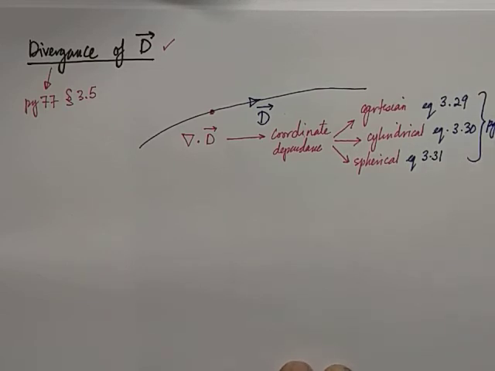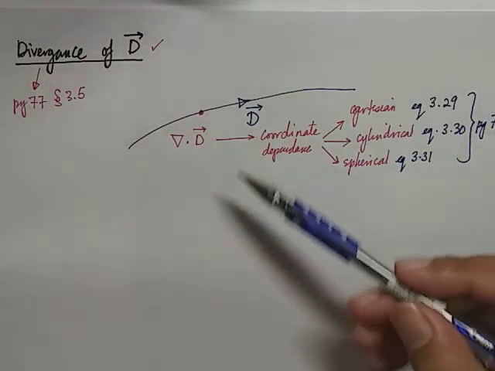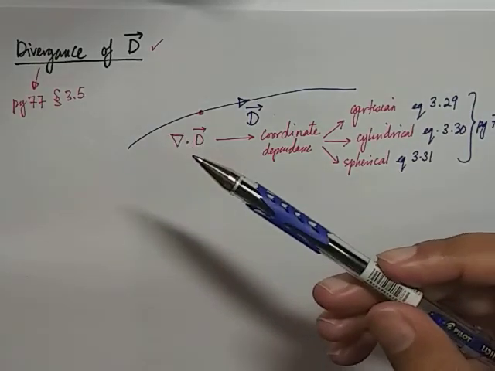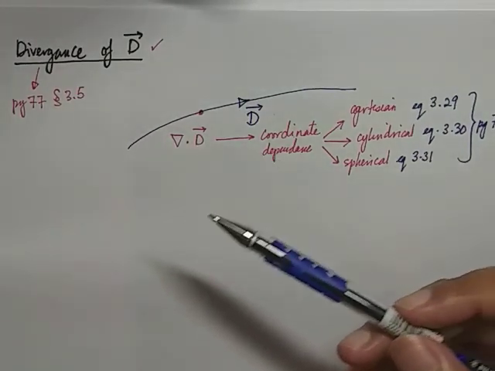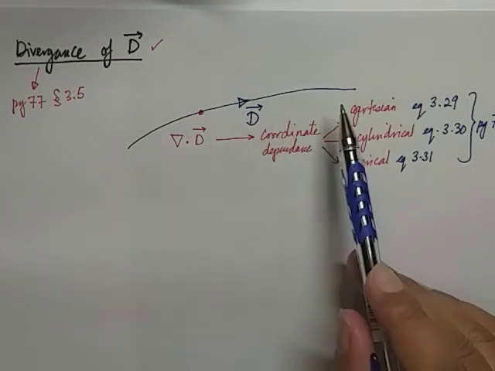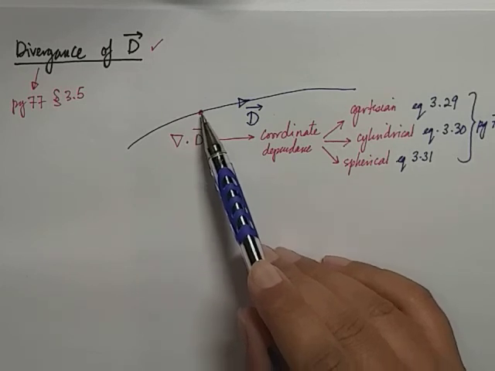I'm not going to write the equation, it's quite lengthy. So what you can do is refer to the textbook for these equations. That should be the idea that we're going to deal with regarding the divergence model in our electrostatic world. Let's say we have the field given in space. We want to analyze that field based on the divergence model.